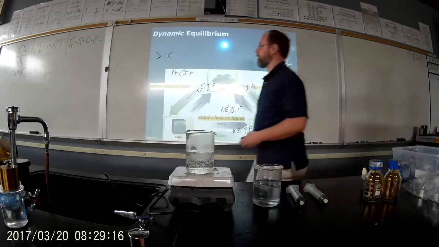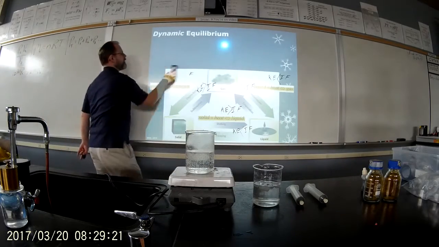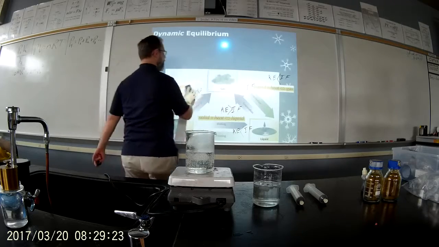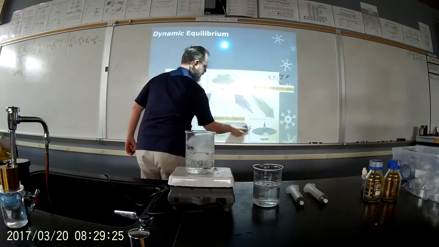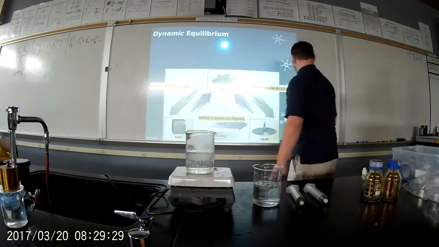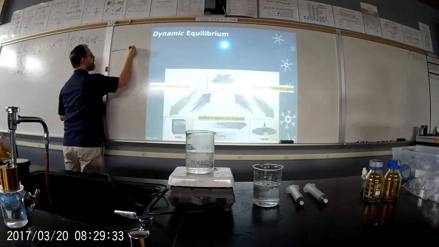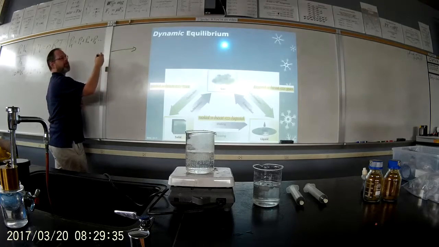Okay. So equilibrium gets its own little symbol. I'll draw it for you. I do not have the capability to draw it in PowerPoint, unfortunately, but I'll show you what it looks like. So if you see this sign, that means what turned to what?